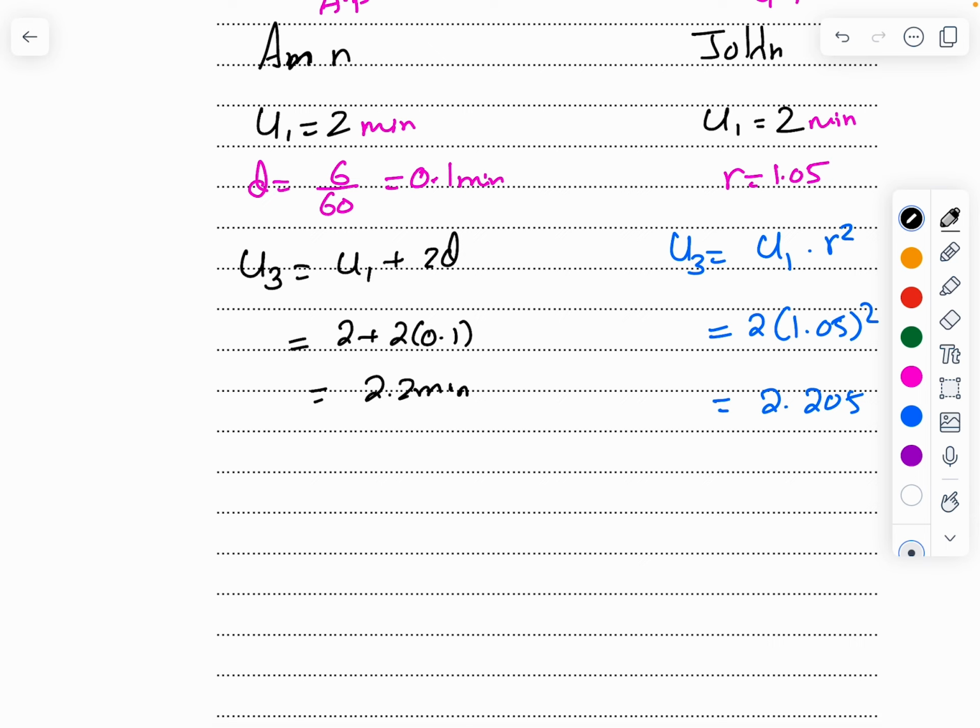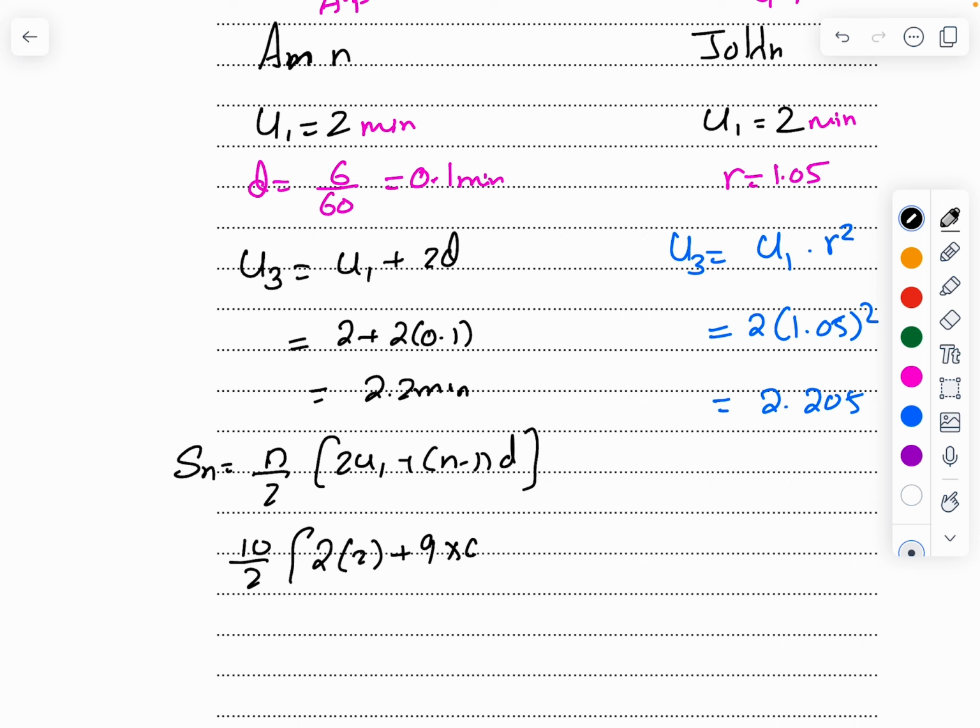For the total length, Sn equals n upon 2 times 2u1 plus n minus 1 times d. So 10 upon 2 times 2 times u1, where u1 is 2, plus n minus 1, which is 9, times 0.1.